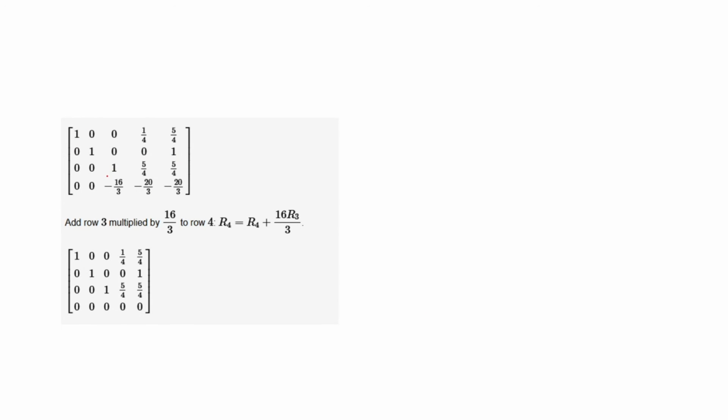And then finally, we can get this thing 0 by taking 16/3 times row 3, adding it to row 4. But when I do that, I end up getting this entire row equal to 0. So automatically I'm thinking, okay, there's going to be infinitely many solutions here.